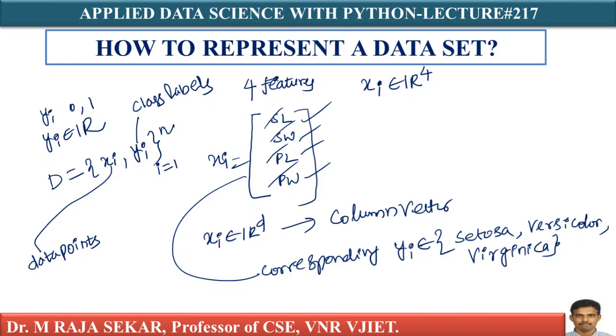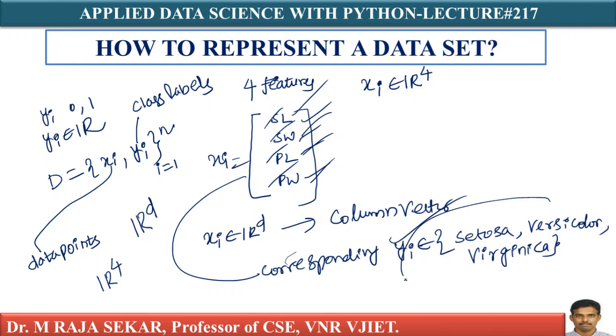Each data point belongs to R^d. In the case of iris, it is R^4, which means it is a 4-dimensional column vector consisting of sepal length, sepal width, petal length, petal width.